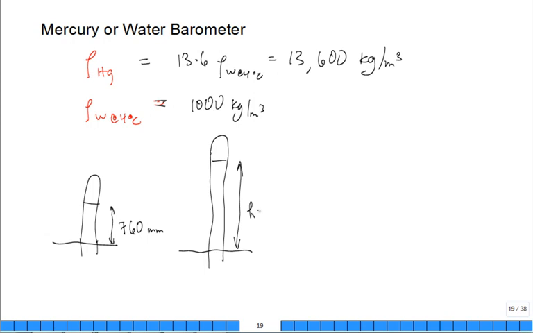How high? 13.6 times. Look at the equation, 760 millimeters. Let's see how many meters that is. So 0.76, that's basically 3/4 of a meter, multiplied by 13.6. Professor wants a number, there it is, 10.3 meters.